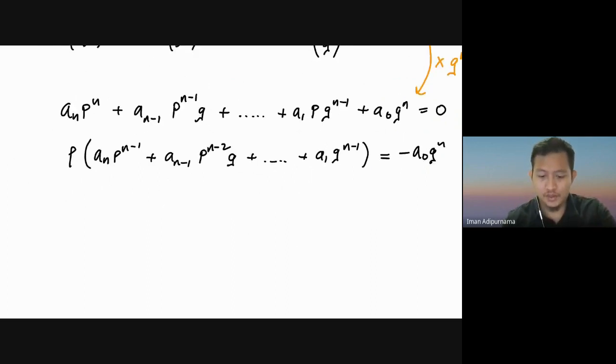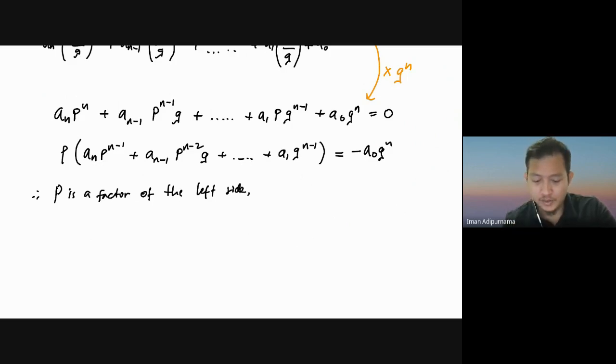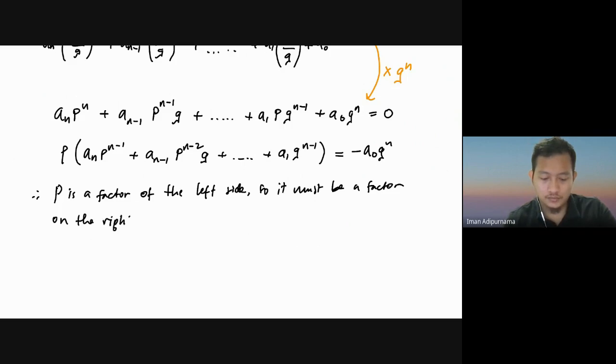Okay, now p is a factor of the left side, so it must be a factor of the right side as well.